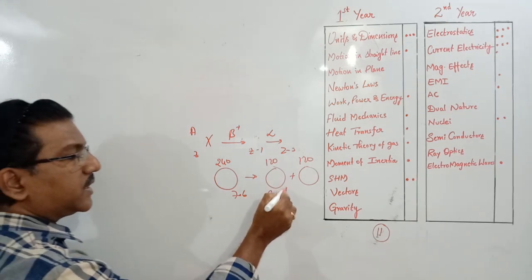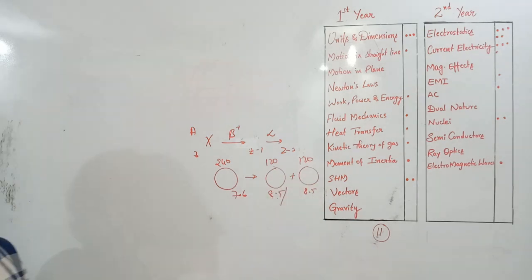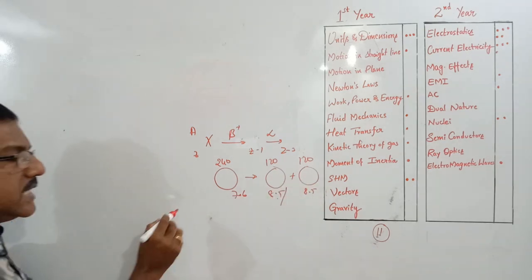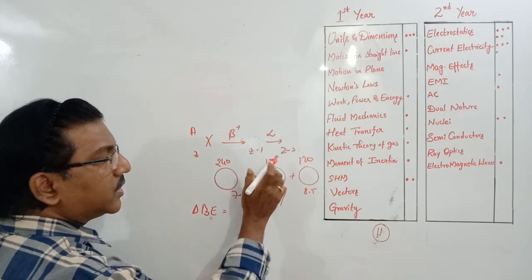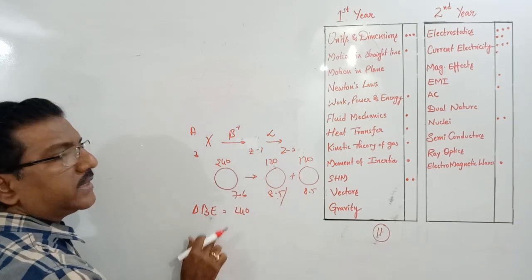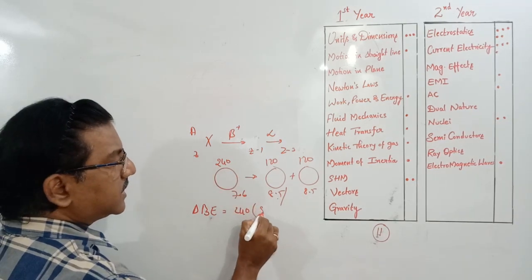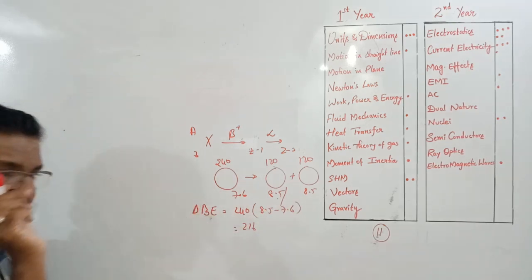If its binding energy per nucleon is 8.5, this is also 8.5, mass equally distributed. So what is asked is the change in binding energy. Here total 240 into 8.5 minus 240 into 7.6. The answer is 260.